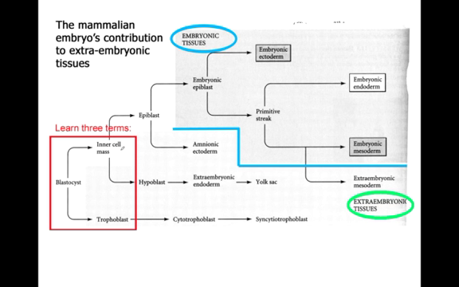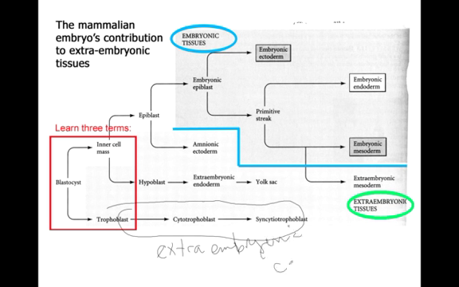So we learned these 3 terms, and then just see this, that the trophoblast is going to give rise exclusively to extraembryonic cells. In other words, it's the inner cell mass that's going to make the embryo, the body.